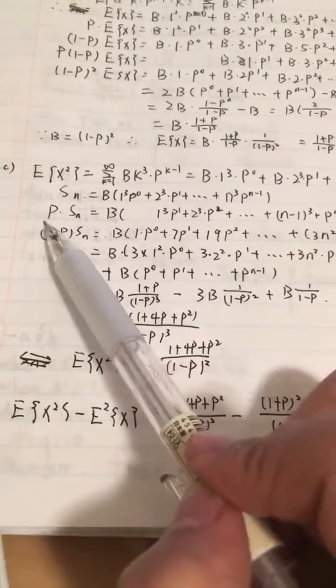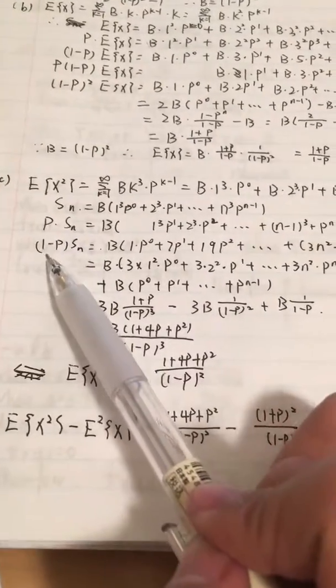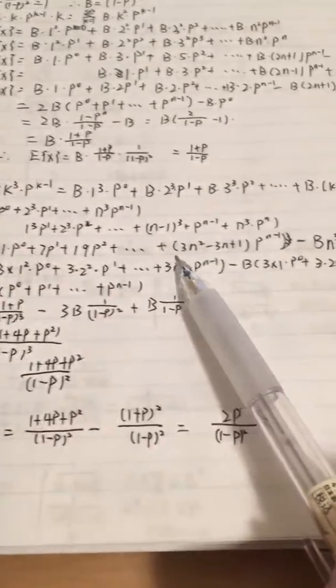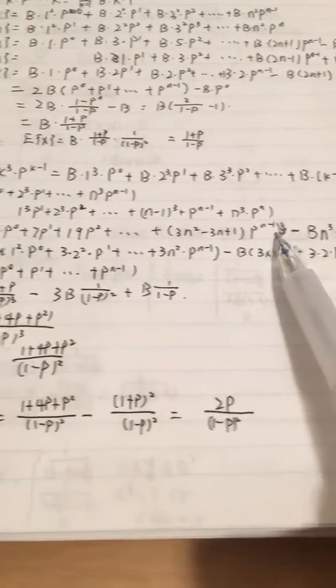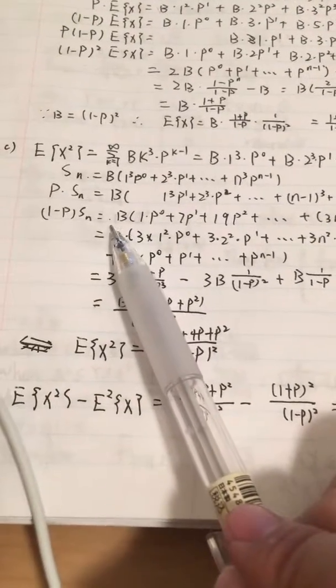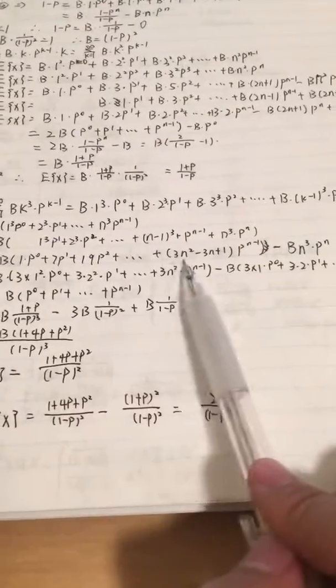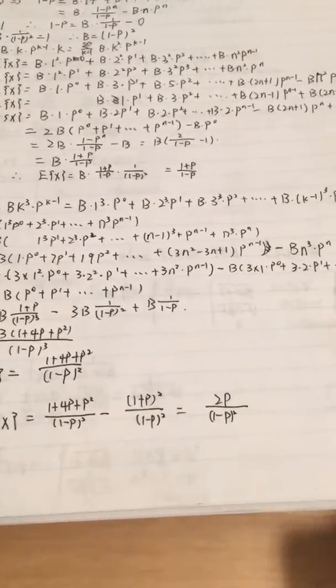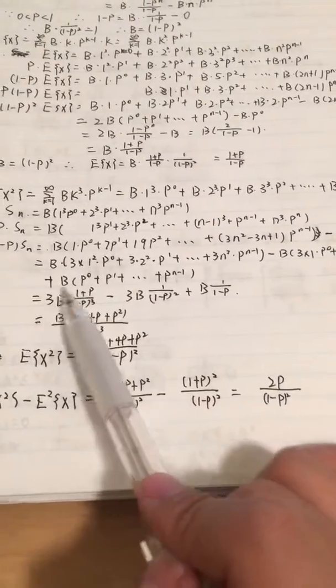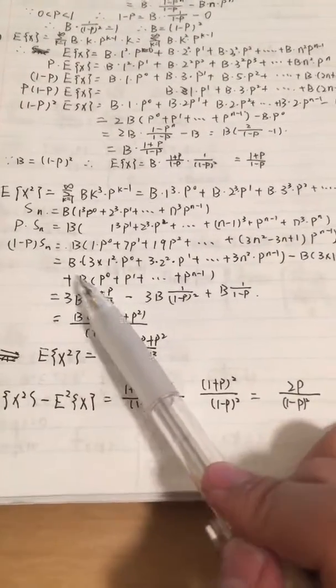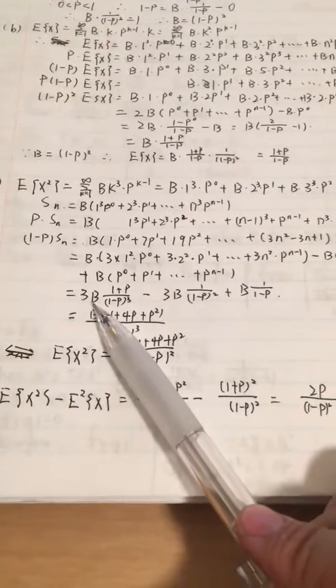And we let the above formula multiply 1 minus p, we can get this formula.